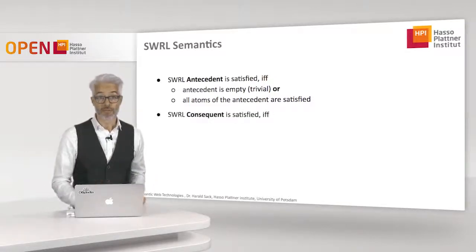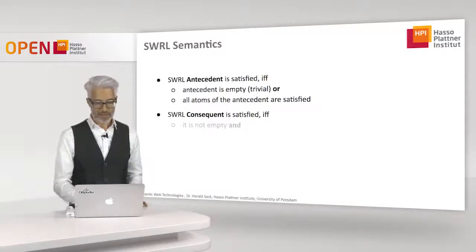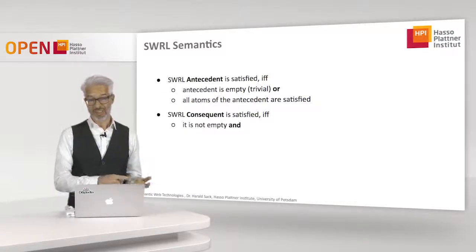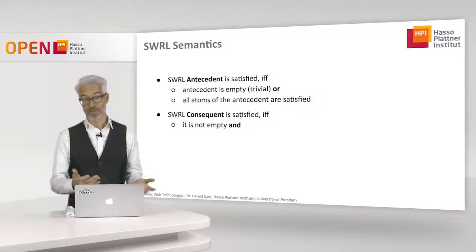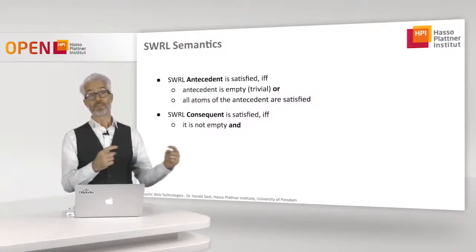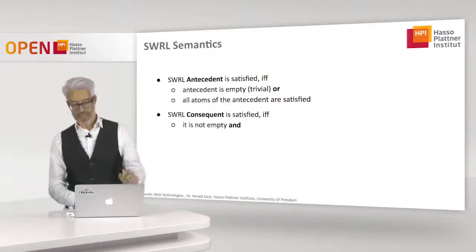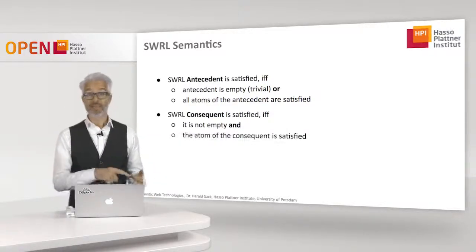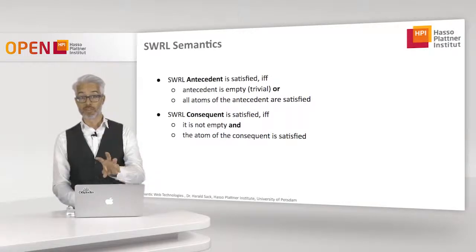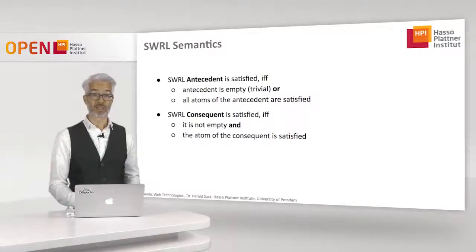Next, let's have a look at the consequent. The consequent is satisfied if it's not empty. If it's empty, then of course it's not satisfied, because then we are implying something which does not exist. So it's not empty, and in the same way, the atom, usually one atom, of the consequent is also satisfied.